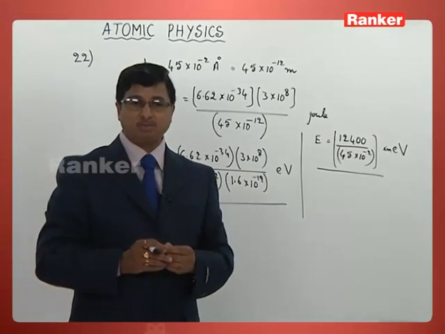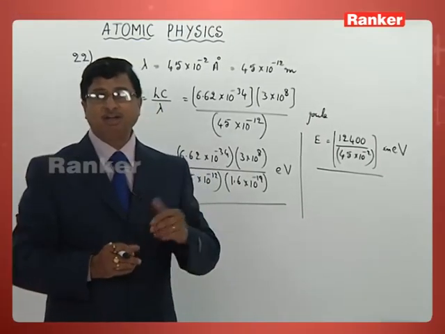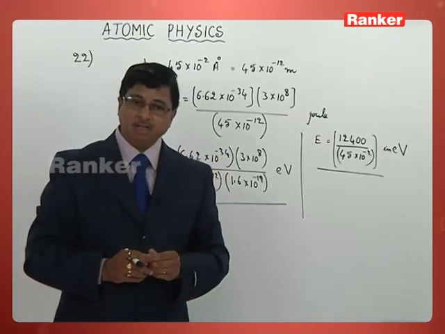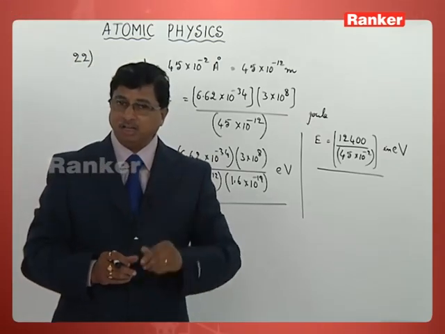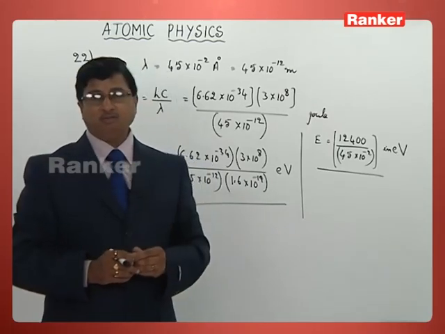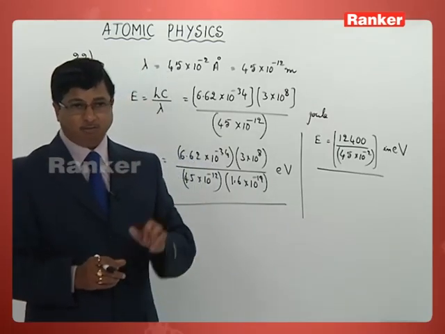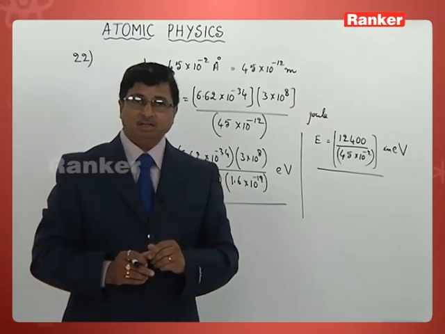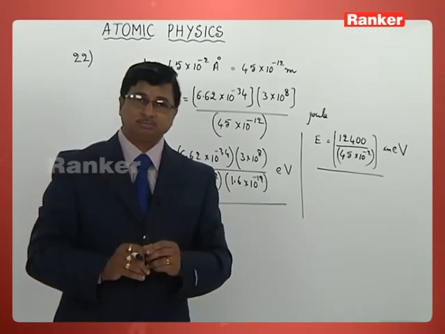See the very first option, 27,580. And the second option given is 22,580. And the third option he says 17,580. And the fourth option is 12,580. The values are not so close.